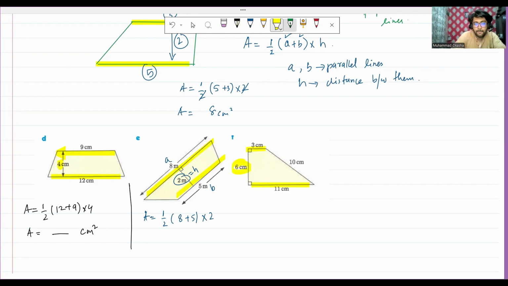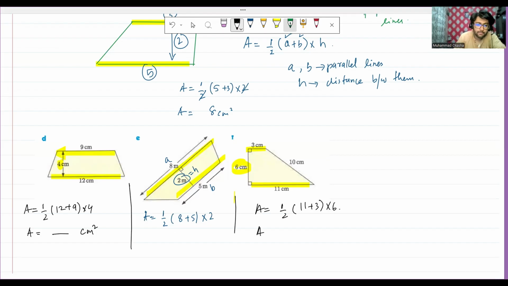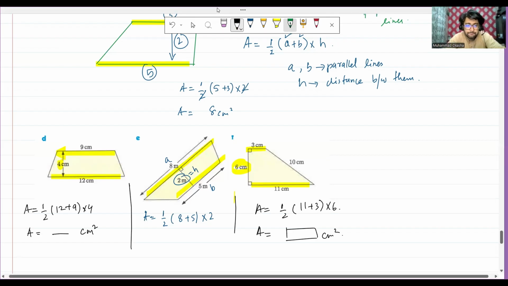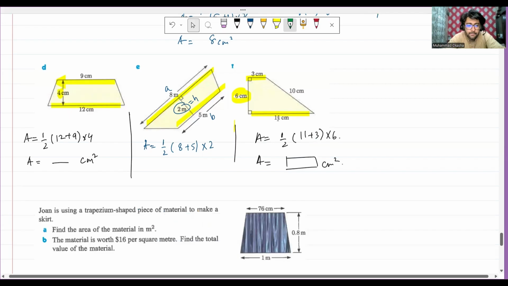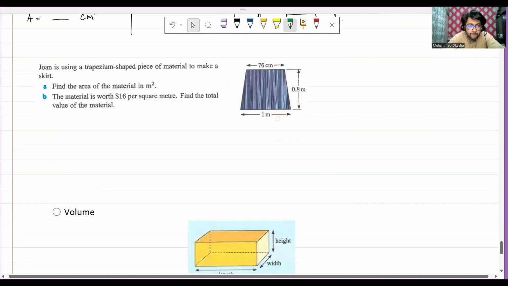So the area will be equal to 1 by 2, 11 plus 3, and I'll multiply it by 6, and you will get your area in centimeter squared. So that is for the area of a trapezium.